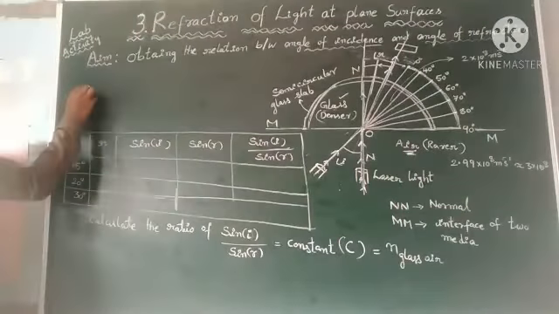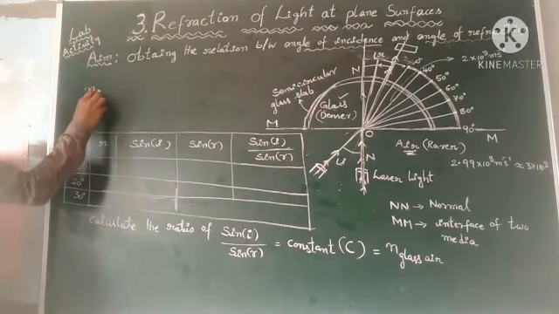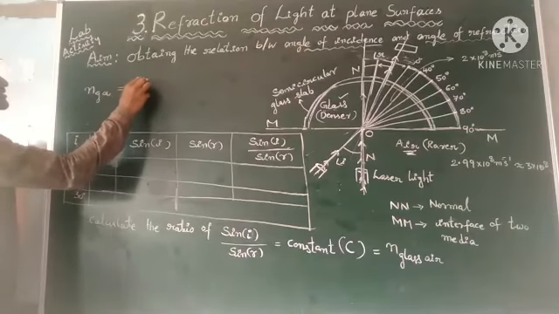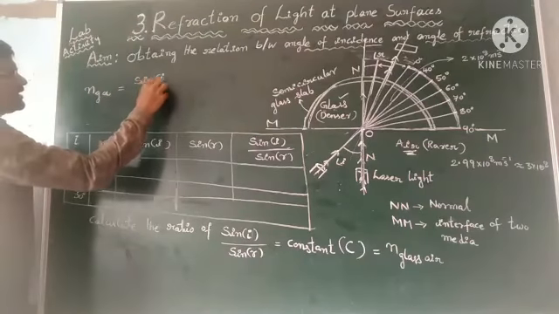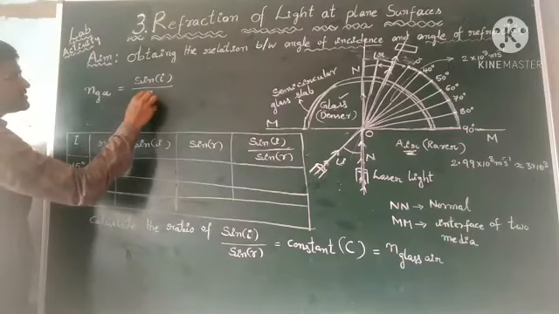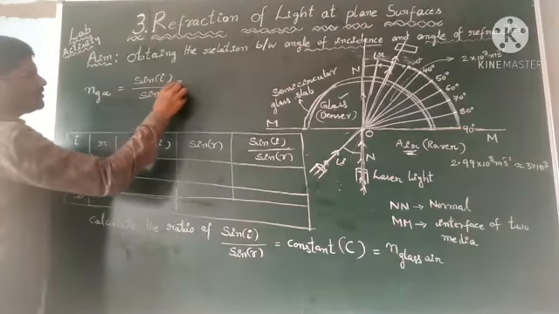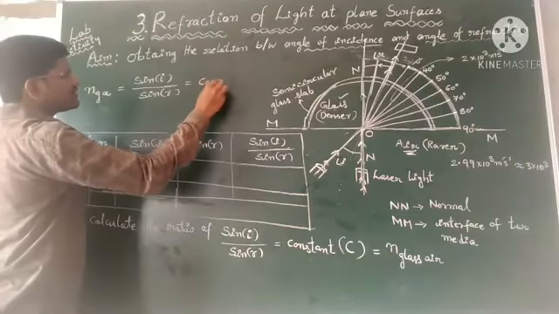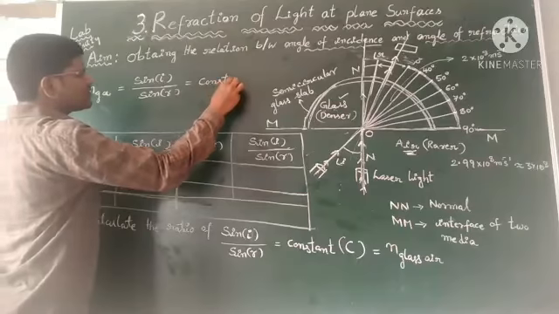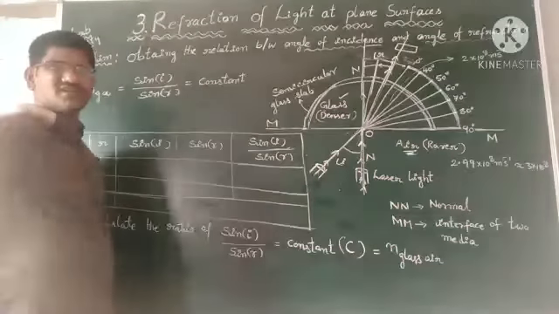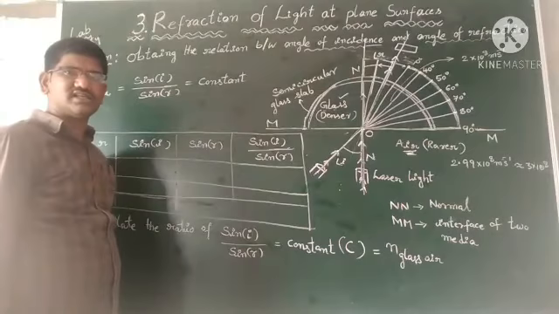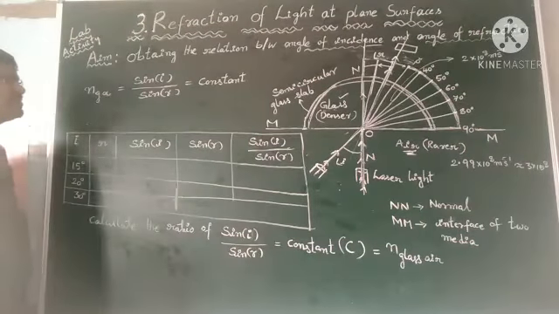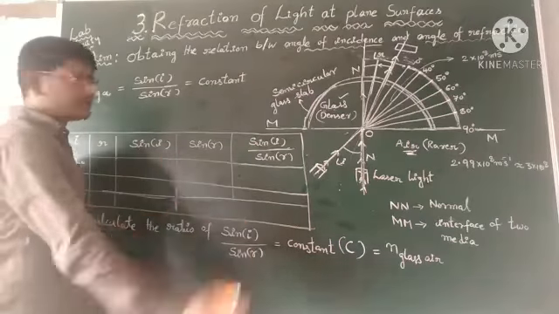So the refractive index of glass with respect to air is equal to sin I by sin r, which is always constant, and hence Snell's law is proved.